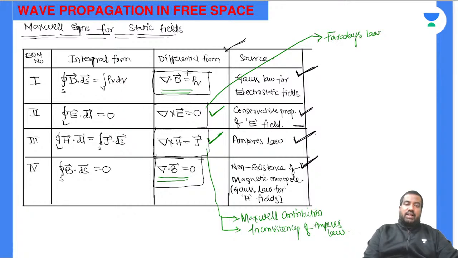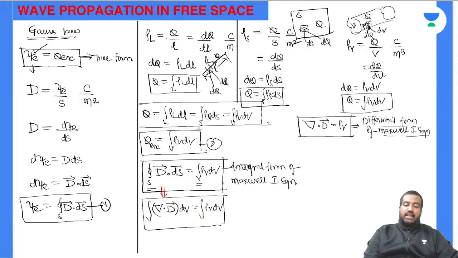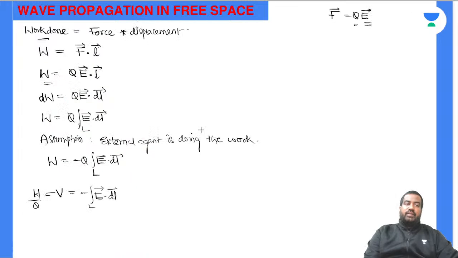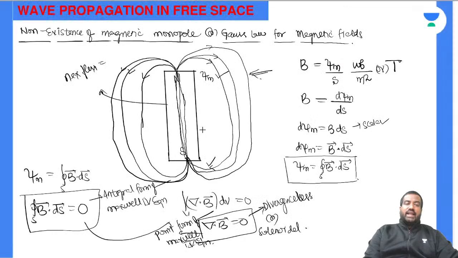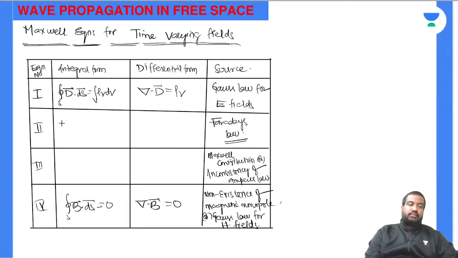So, we had explained all the static field theory concept, that is Maxwell Equations for static fields here, and we had modified the conservative property of electric field, where we got Faraday's law. We have done the physical interpretation of Faraday's law. Closed loop integral of E dot dl is surface integral of minus dou B by dou T dot ds.